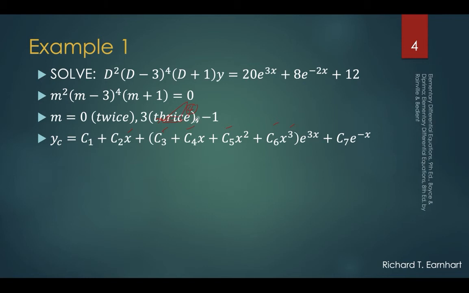So if we have 4 identical roots here, the highest power should be x cubed. And then for negative 1, you have a constant and e to the negative x.